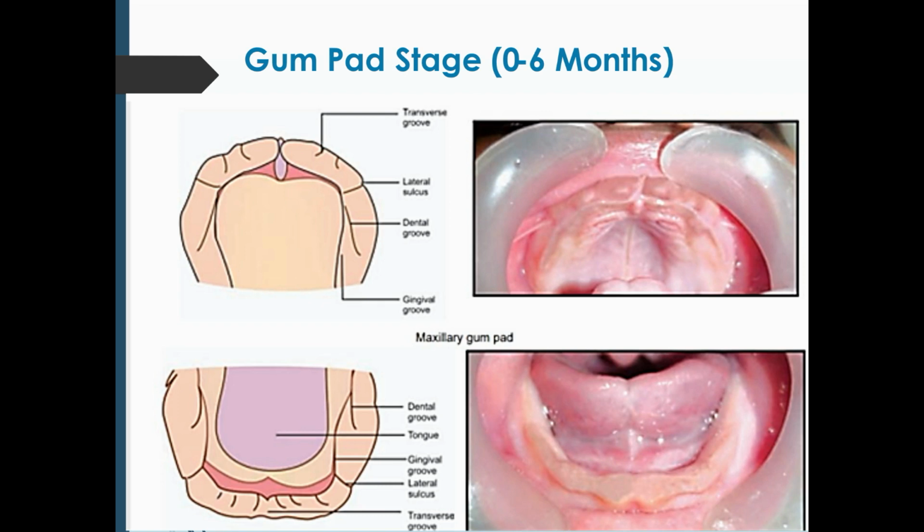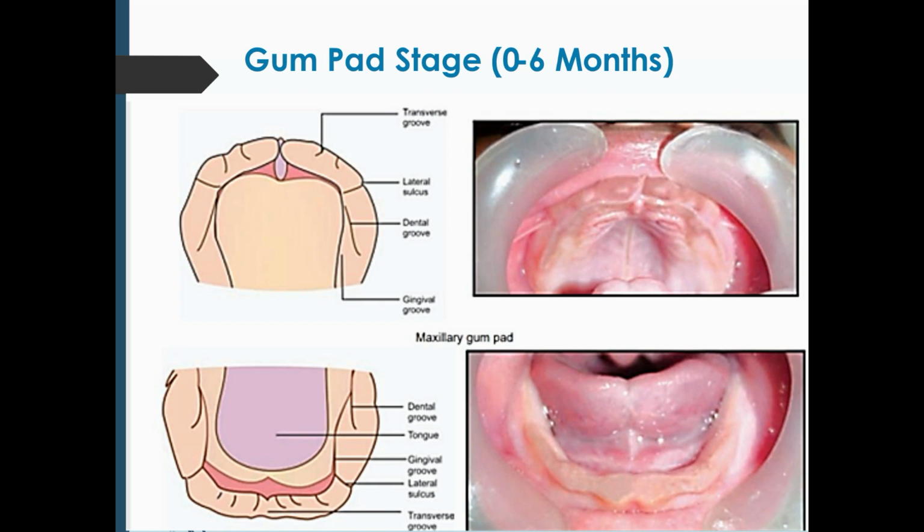Predental period, the period of the newborn. The period after birth during which the neonate does not have teeth. This period lasts for 6 months. The alveolar arches of an infant at the time of birth are called gum pads.